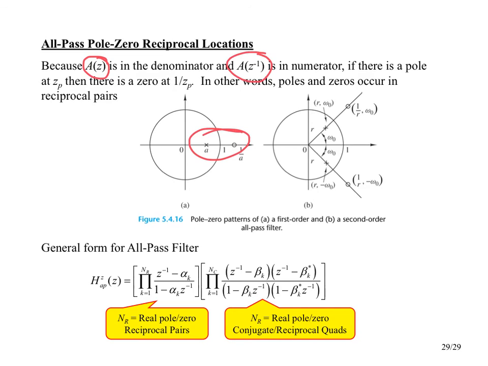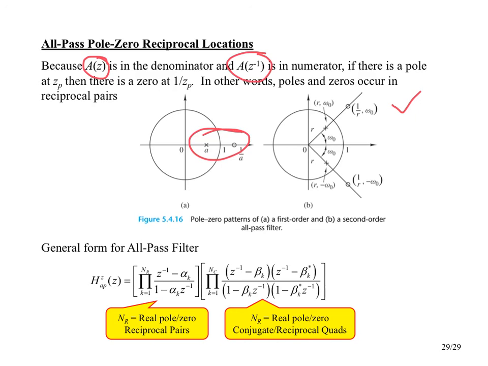So if the pole is at a, the zero is at 1 over a. And then here we see for the second order all-pass filter, we have 2 poles inside the unit circle. One is at radius r at omega 0, and the other one is radius r at minus omega 0.